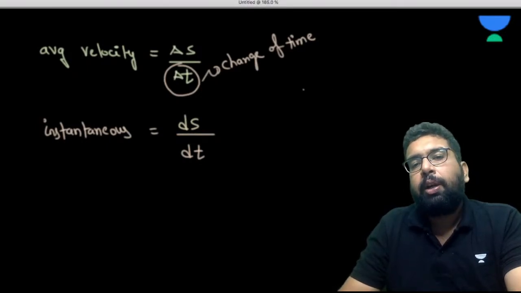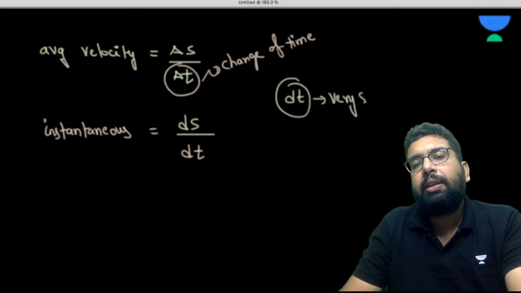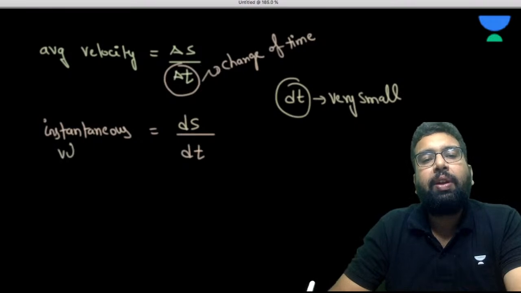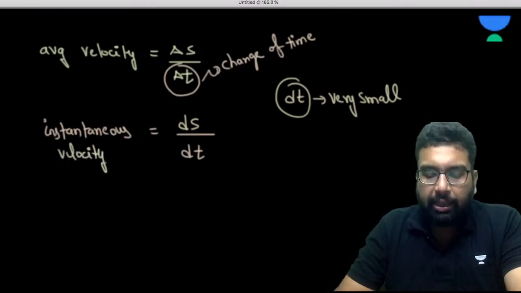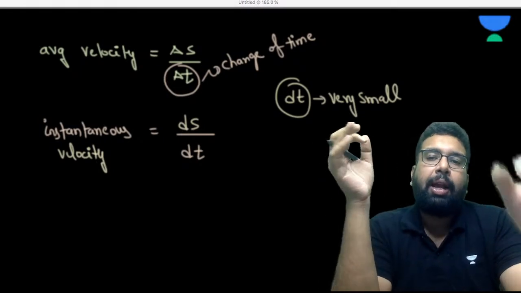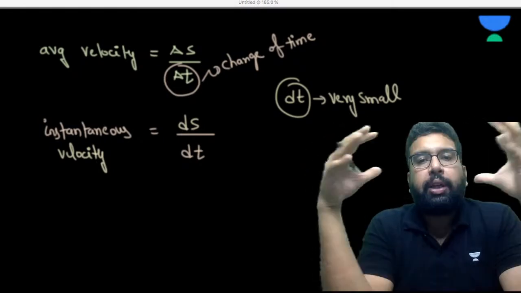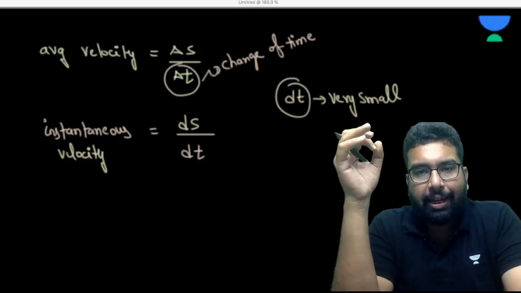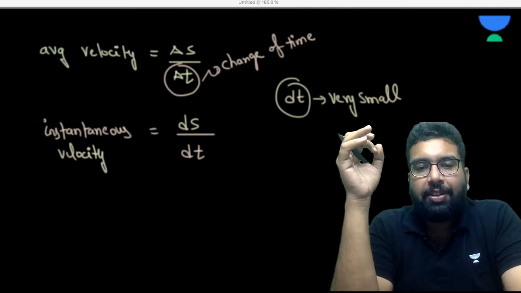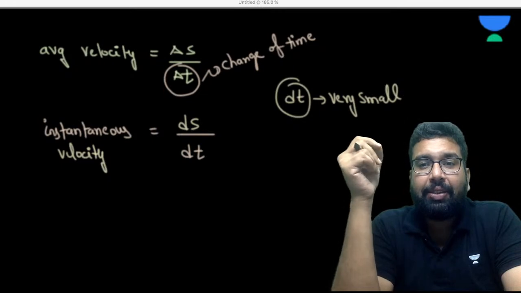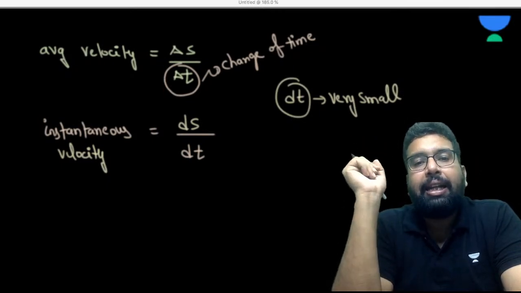We have already spoken about it, that dt is very small. So when we are seeing the instantaneous velocity, basically we are seeing the velocity at an instant of time, and to see that we are reducing the time to a very small, differential quantity. So what is instantaneous velocity? It is ds by dt.